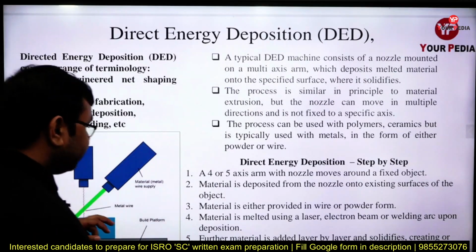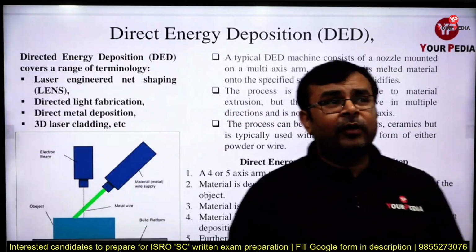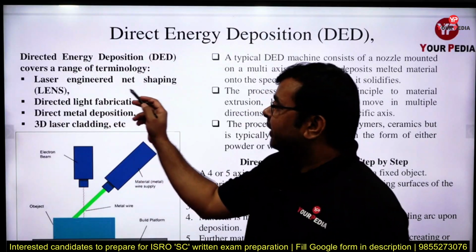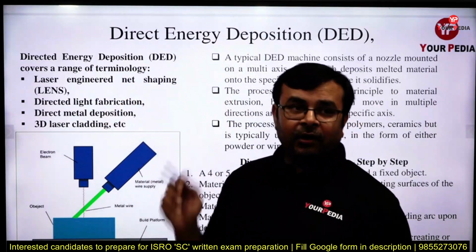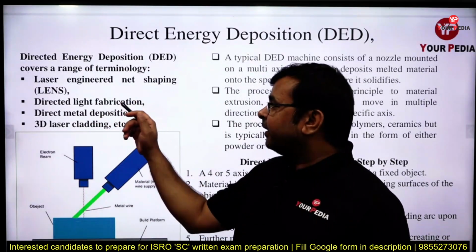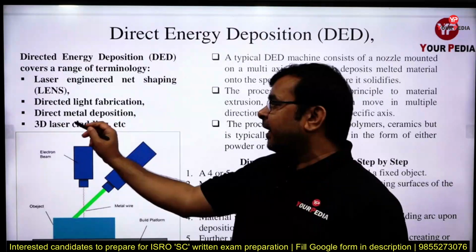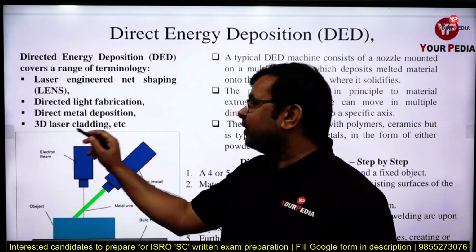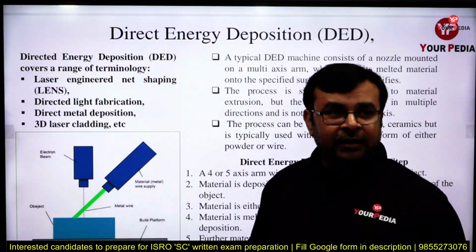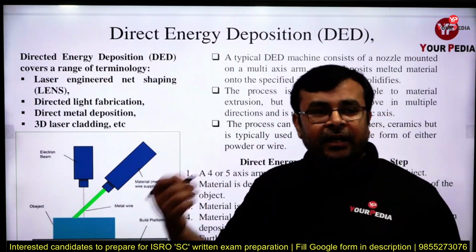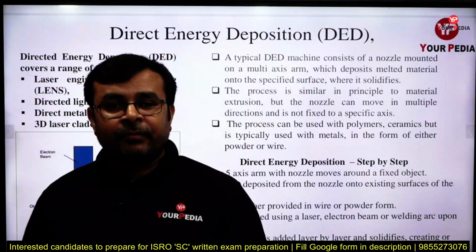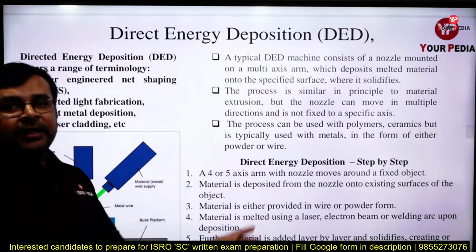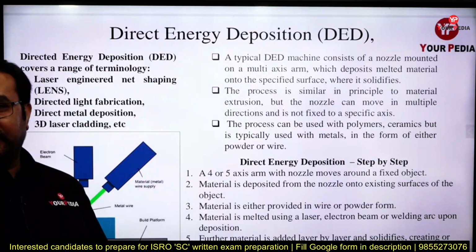This DED method is also known by other names like laser engineered net shaping, called LENS, direct light fabrication process, direct metal deposition process, 3D laser cladding process, or wire and arc additive manufacturing process. So here we have several direct energy deposition methods.